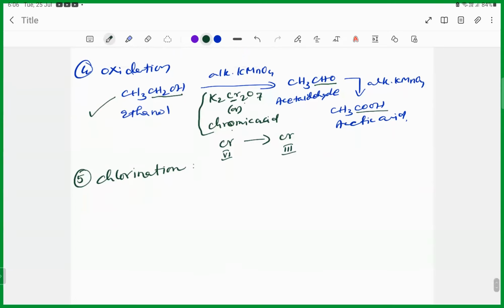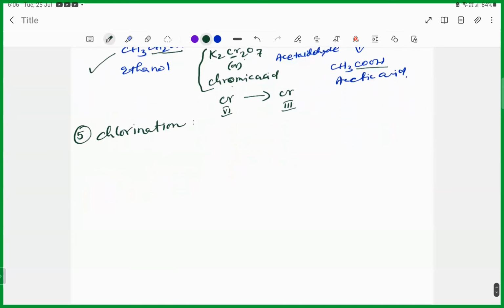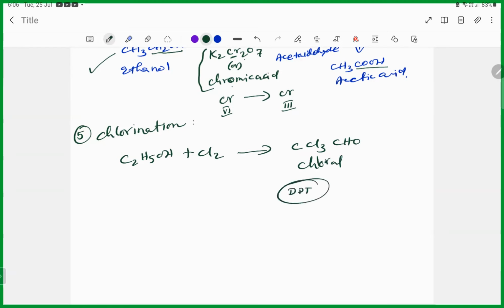Next, chlorination. When ethanol is treated with chlorine, it gets oxidized into chloral. This is used in the preparation of DDT. The insecticide DDT is prepared by using chloral plus chlorobenzene. So what will happen?